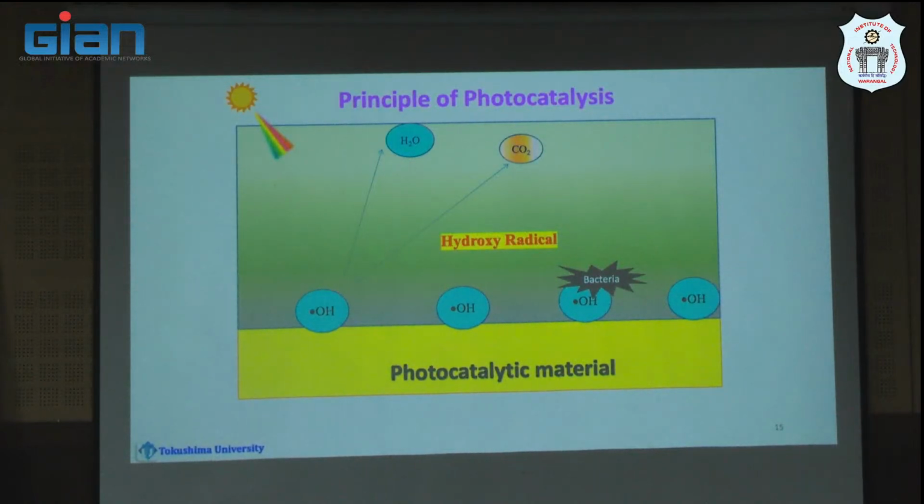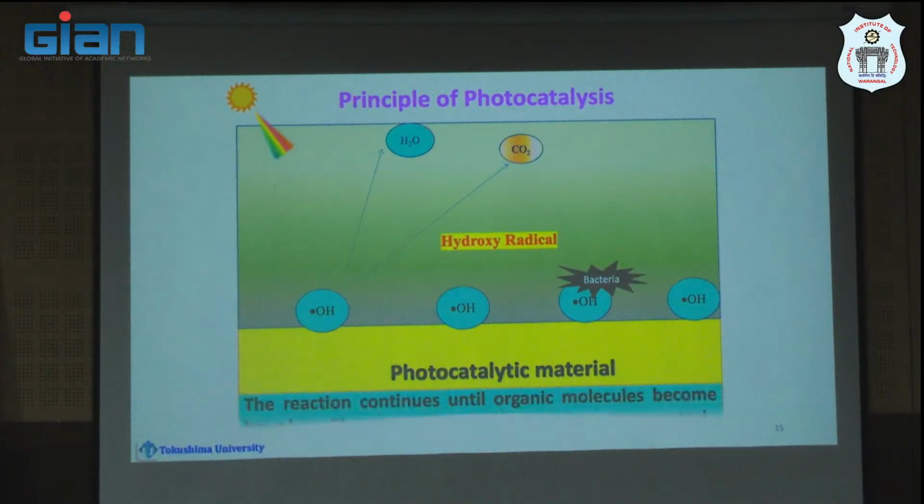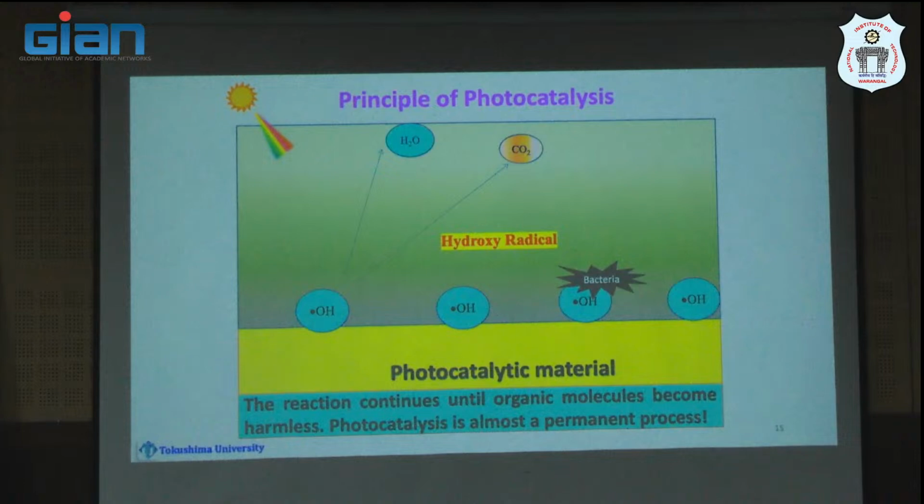That's it. Solar light is already available. So this way we can create H2O and CO2. Only one photon comes and this thing happens. It happens in nano or femtoseconds, and this is a continuous process.